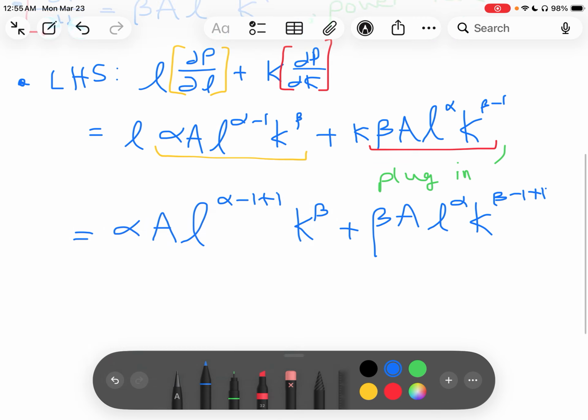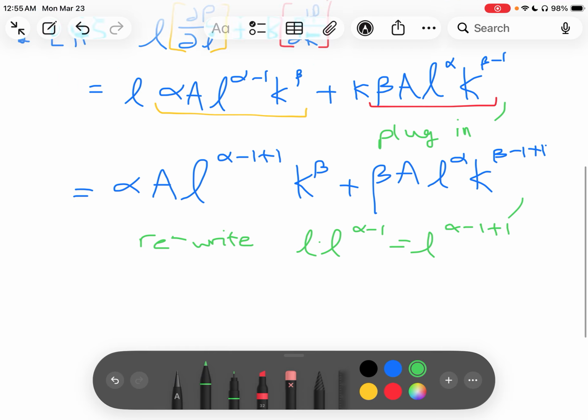Okay, so what do we do there? Here we just rewrite L times L to the alpha minus 1 equals L to the alpha minus 1 plus 1. And we rewrote K times K to the beta minus 1 equals K to the beta minus 1 plus 1.